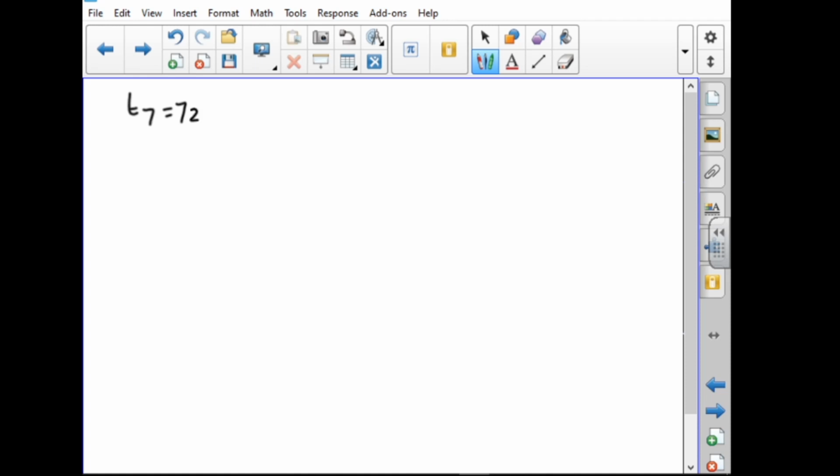729 into 1 by 3 power 6. 3 power 6 means you have to multiply 6 times.